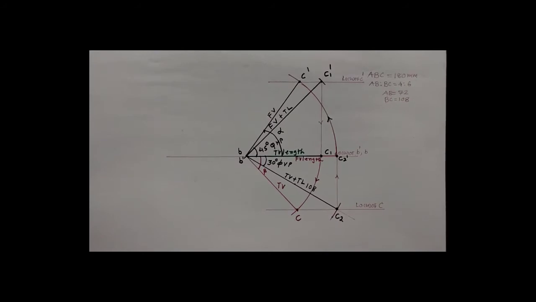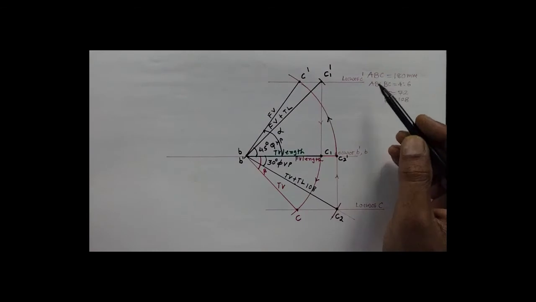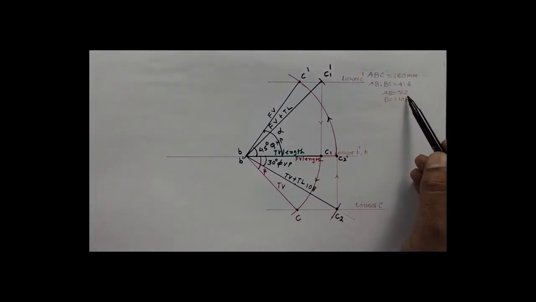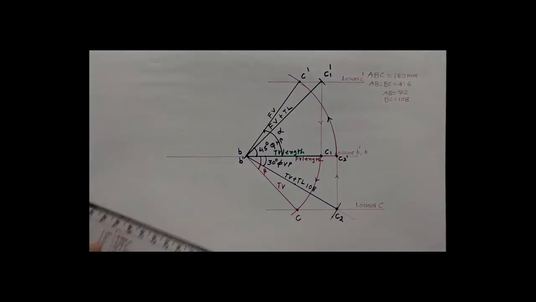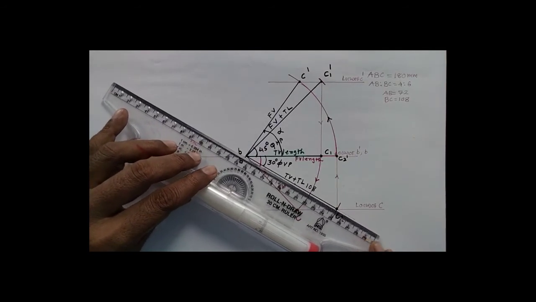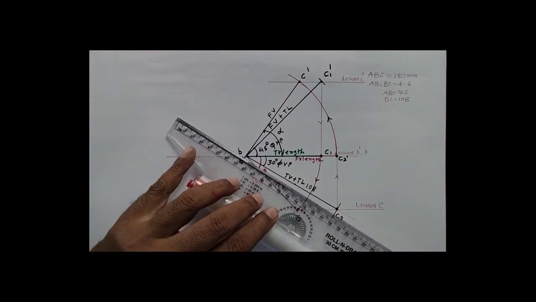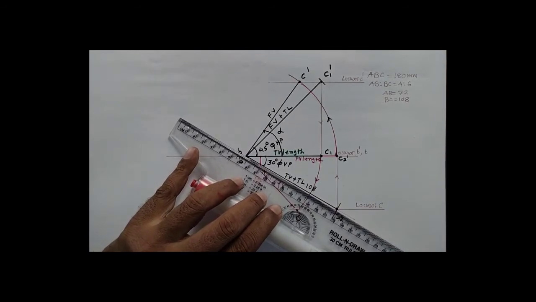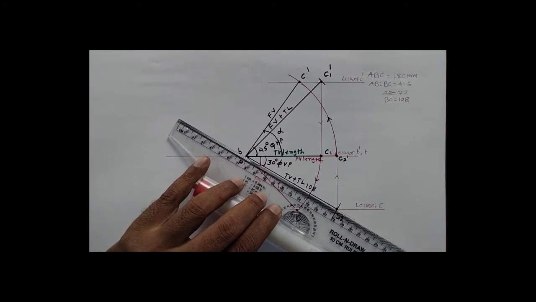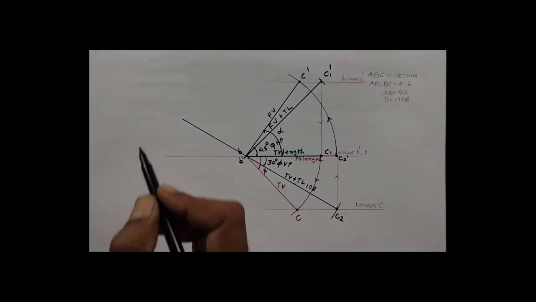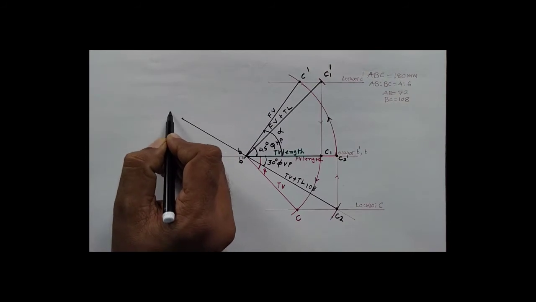Now for the other part of the line ABC, our BC is completed. Now I am going to extend the 72 mm. First we extend 72 mm from our BC2 in the opposite direction. So I got the A2 point.